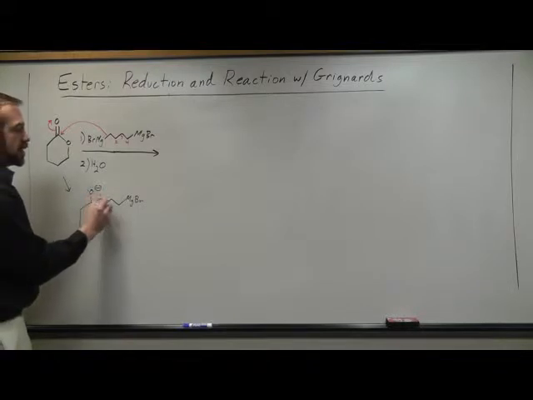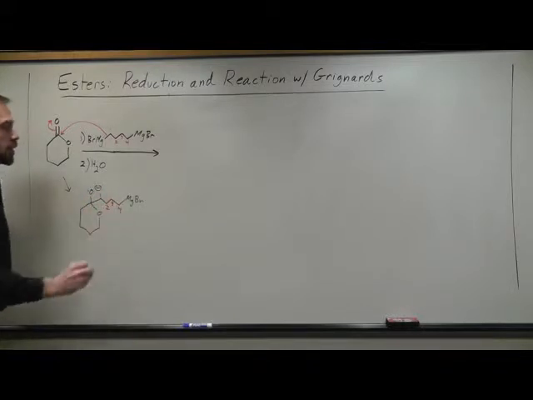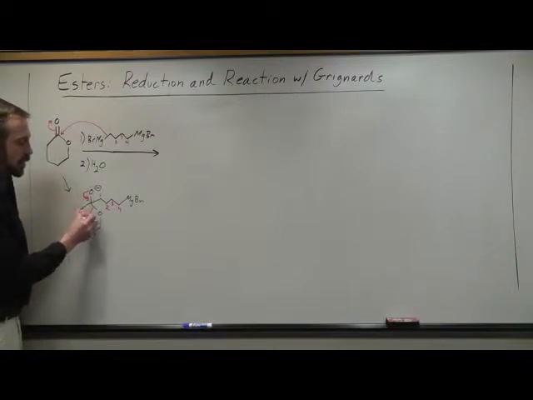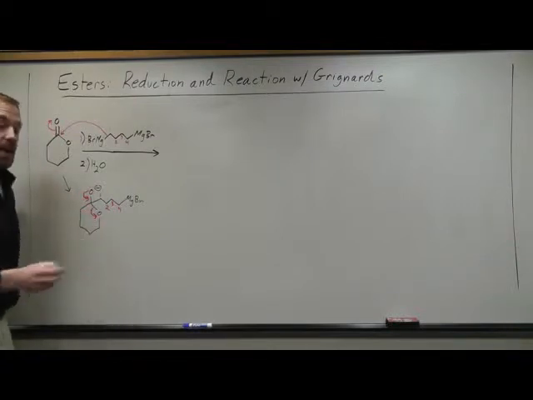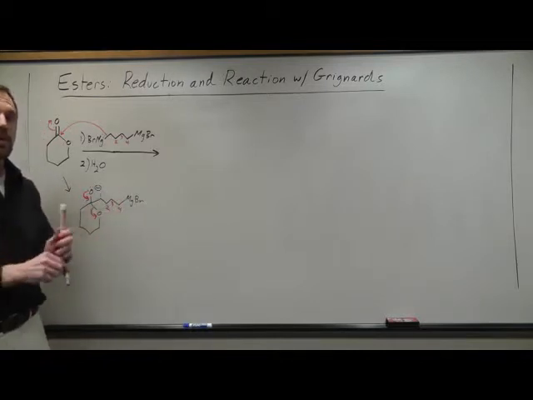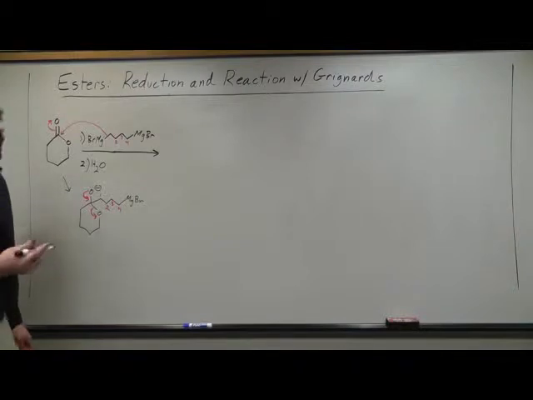And so I've added these 4 carbons to our cyclic structure. Then the alkoxide can reform a carbonyl, and the other oxygen can break off to form an equivalently stable alkoxide.